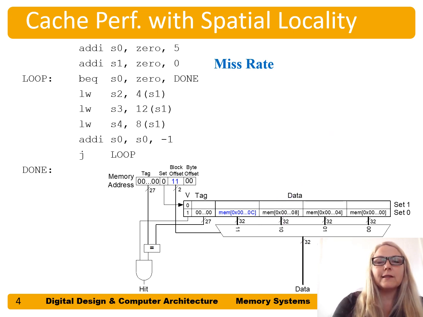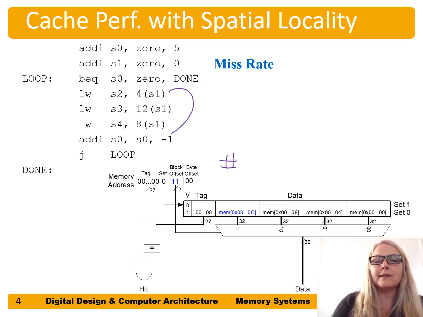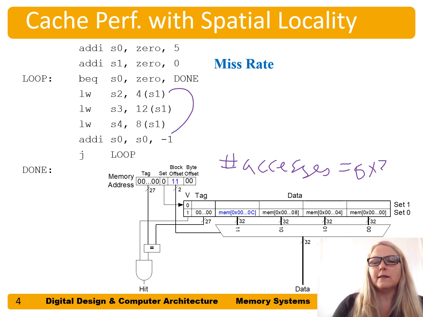And so this loop executes 5 times. We have 3 accesses per loop iteration. So the total number of accesses, or load words, is 5 times 3 equals 15.